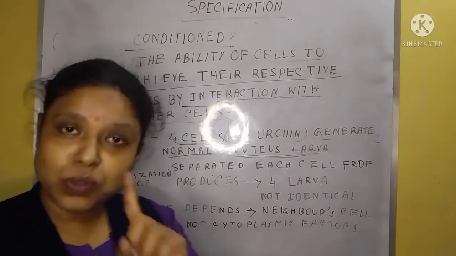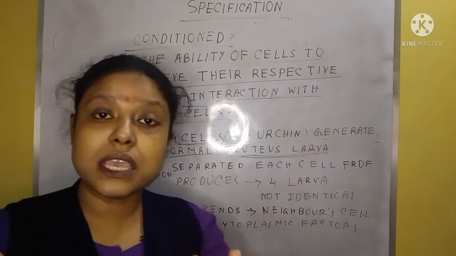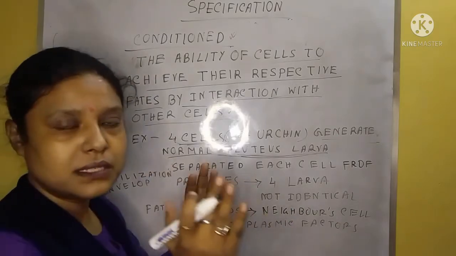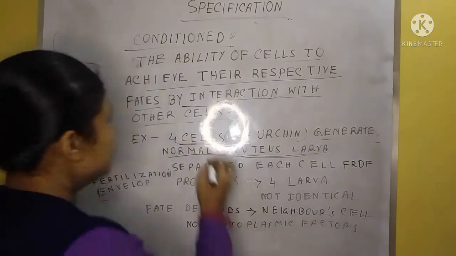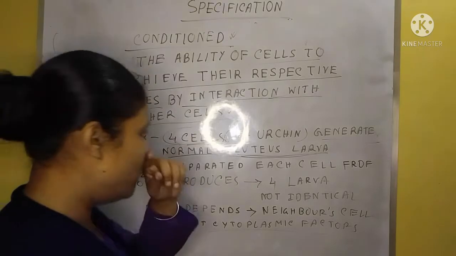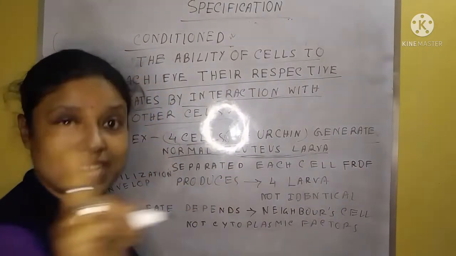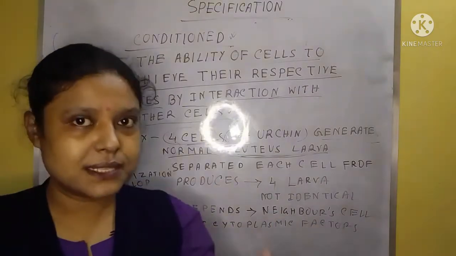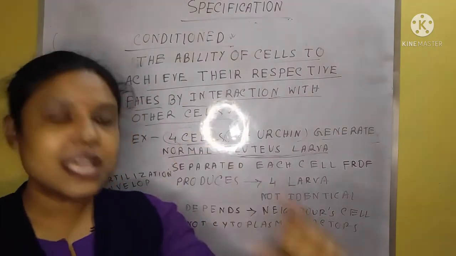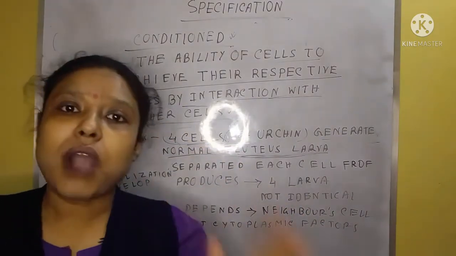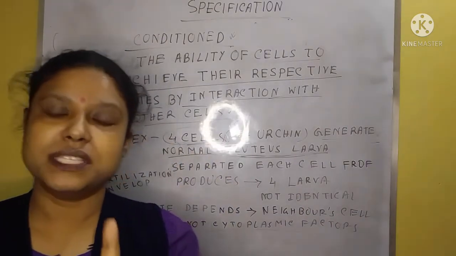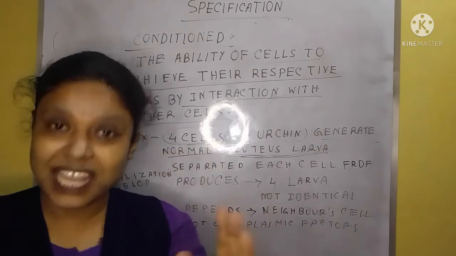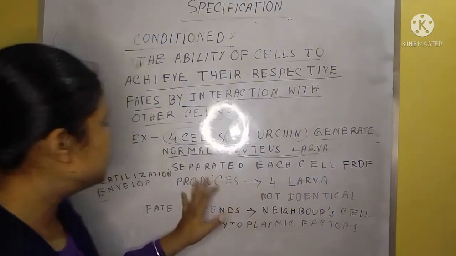That means we can see 4 pluteus larvae, whereas in the normal situation the 4 cells are involved in forming one single pluteus larva. If we separate the 4 cells, each cell produces one single pluteus larva. That means 4 pluteus larvae are formed.